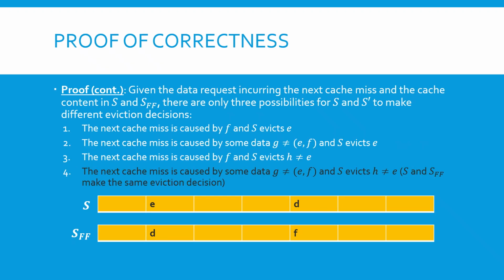Now, we analyze what happens at the next cache miss. Depending on the requested item and the eviction choice made by S, there are four cases.